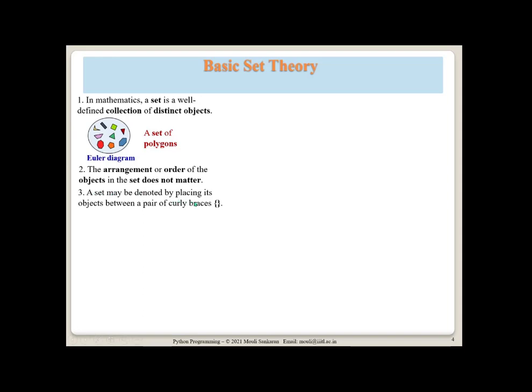A set may be denoted by curly brackets. This is common for dictionary also. Now, how does the compiler differentiate whether you have a set or a dictionary? If you have a set of elements like this, it is a set.